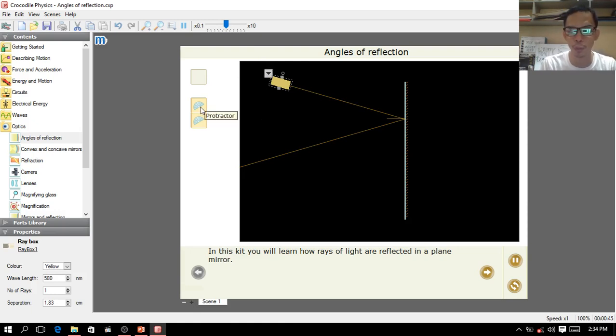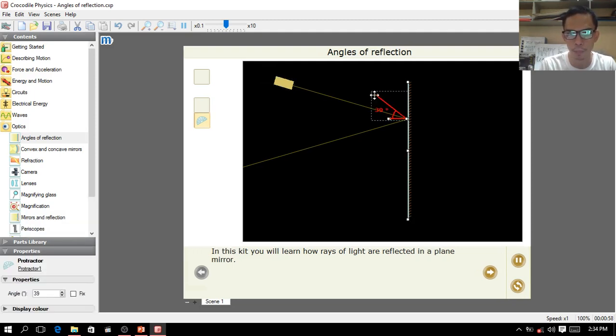We will pull out one of the protractors and place it on the vertex of that angle. As I pull this angle down to the angle of the light, it says that the angle of incidence is 17 degrees.